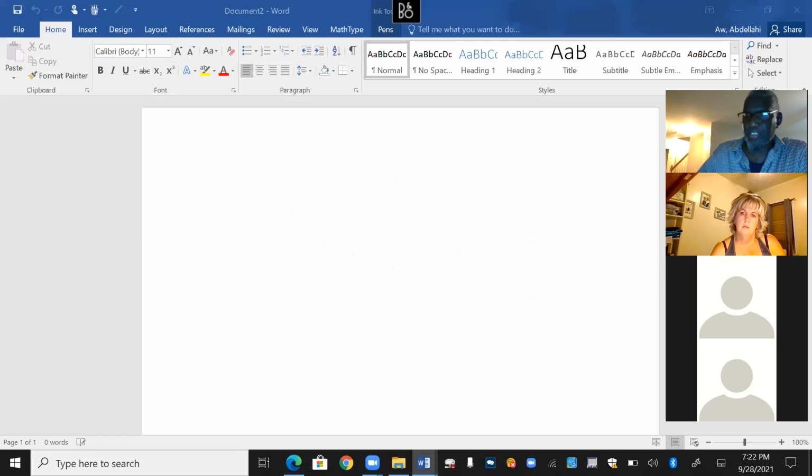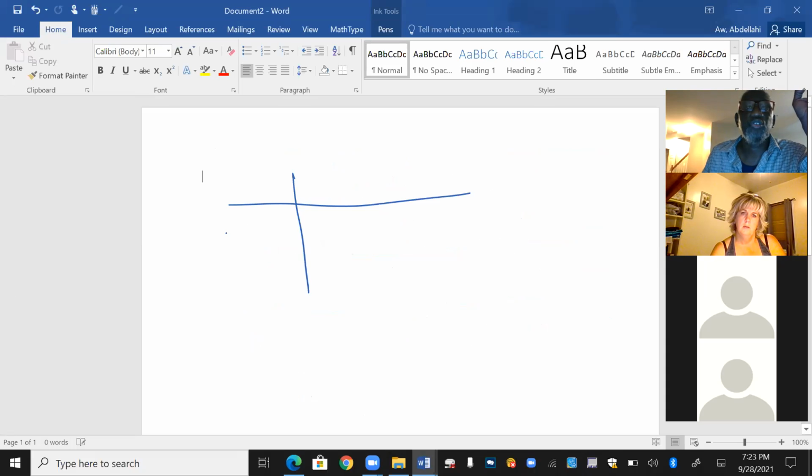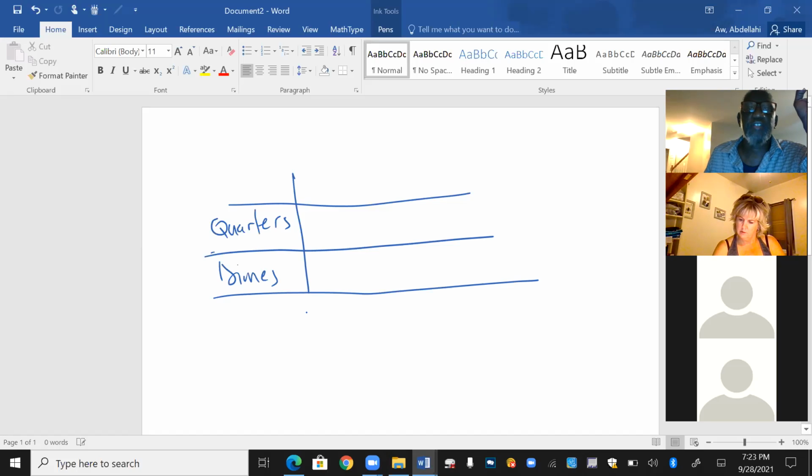If we chose dollars, what table are we going to have? The same table: quarters, dimes, the number of, and here's the value.